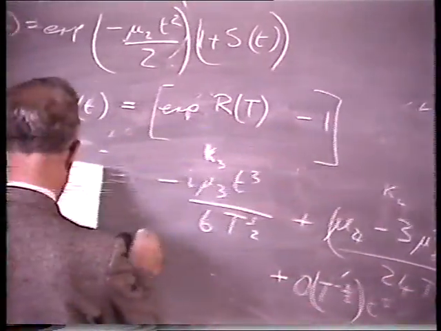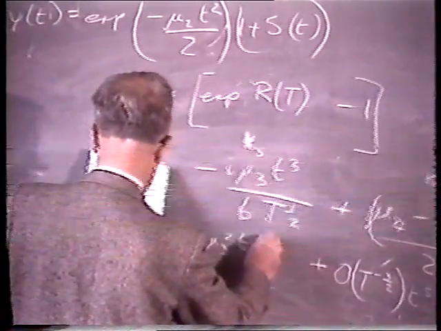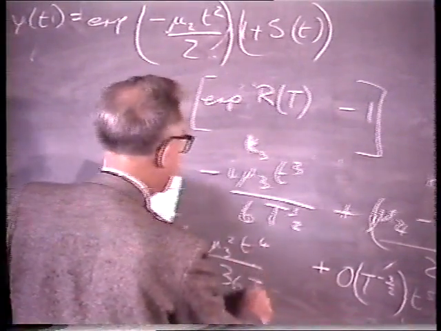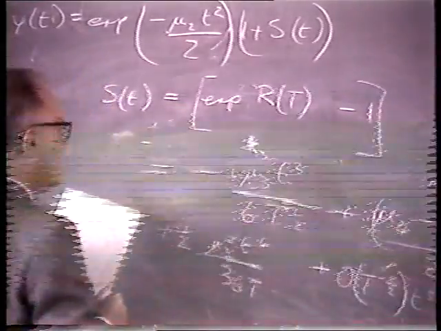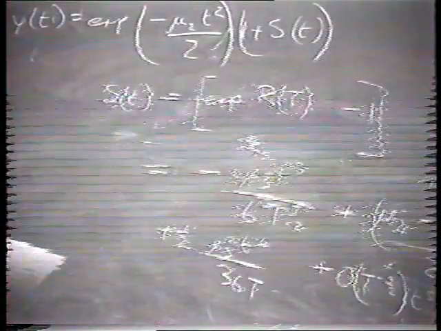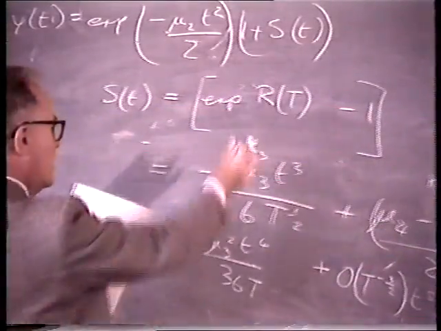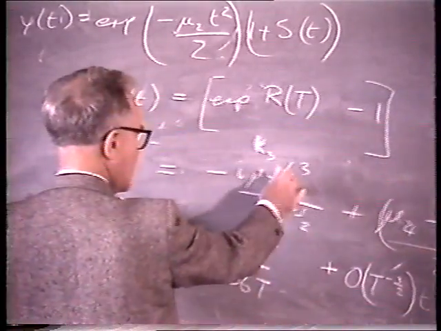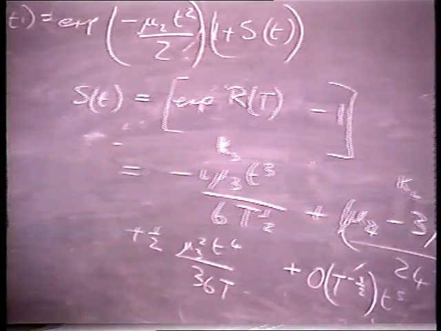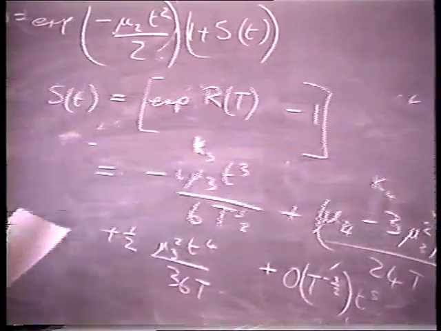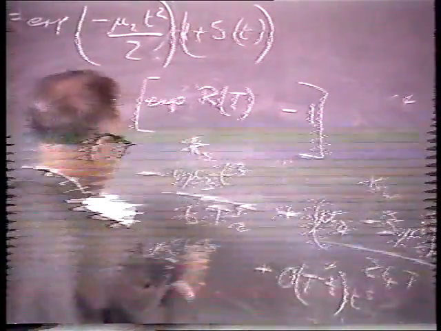There's this further term plus a half mu 3 squared t to the 4 upon 36 t, which comes from the expansion of the R(t). We have the second order term in the expansion of R(t), giving you the square of the t cubed term here, and so though I've written it as t to the 4, in fact it's t to the 6, I'm sorry, t to the 6.